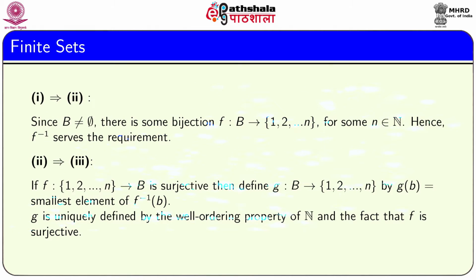Now, if we take 2 as our hypothesis and try to prove 3, then if f is a function from 1 to n to the set B, and we know that f is surjective, then we define the map G from B to the set 1 to n by G(b) equal to the smallest element of f inverse b, where f inverse b stands for the collection of all members which are mapped to the point b.